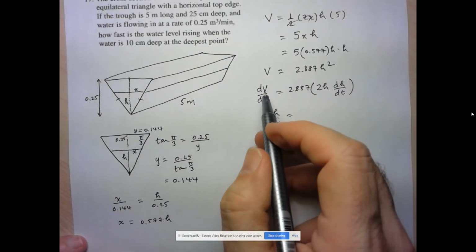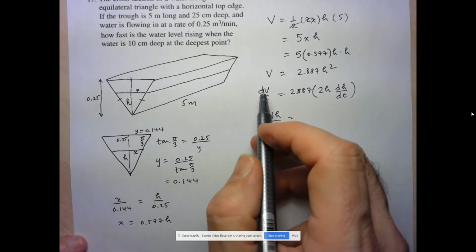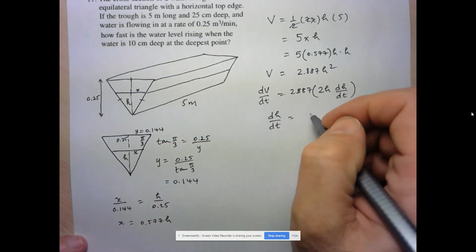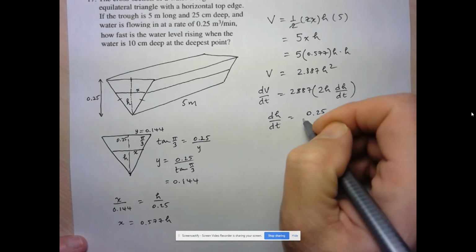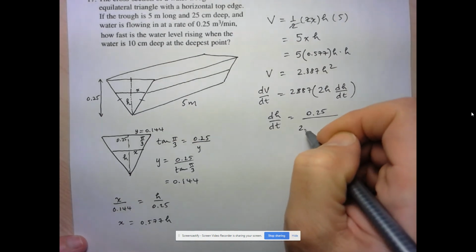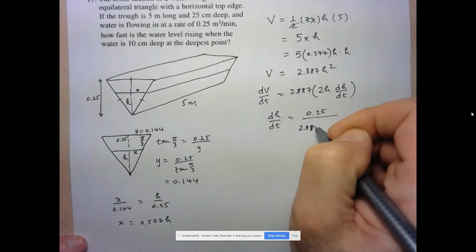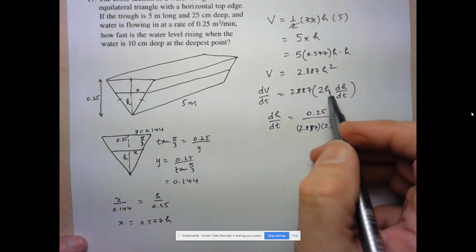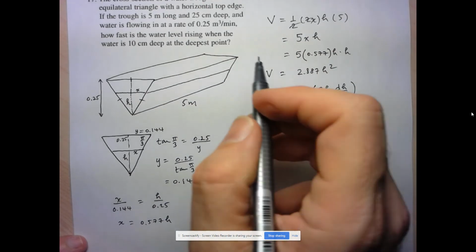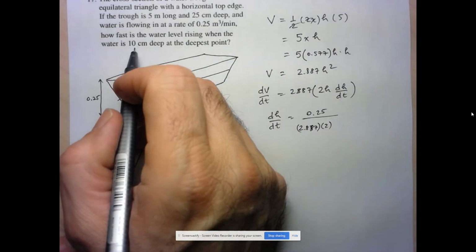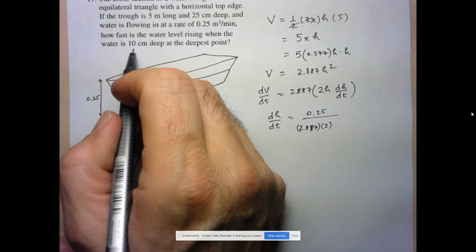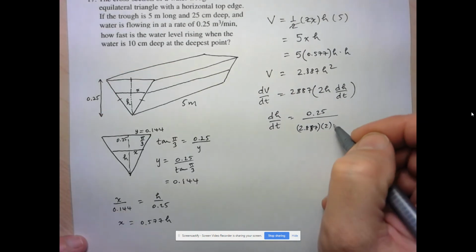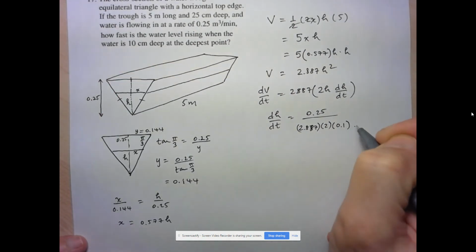Because I know the derivative of volume with respect to time, it's 0.25 divided by 2.887 times 2 times the height at the particular moment I'm interested in, and the height at that moment is 10 centimeters. But remember, we're putting everything in meters, so that's just going to be 0.1.